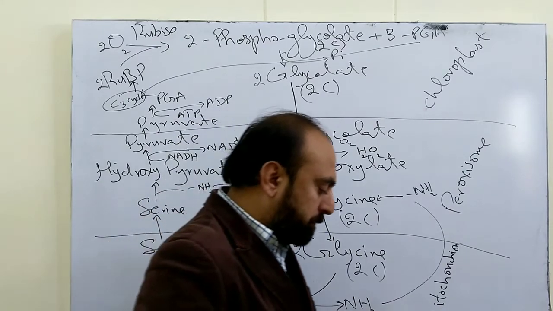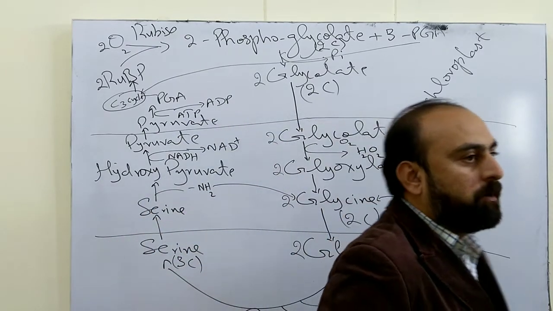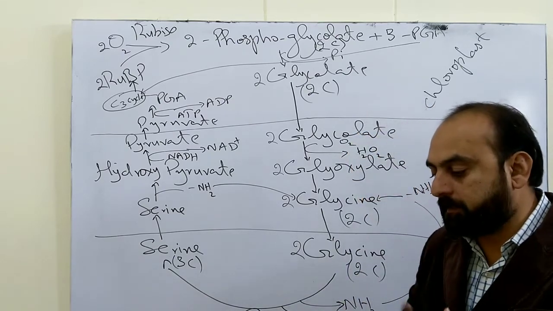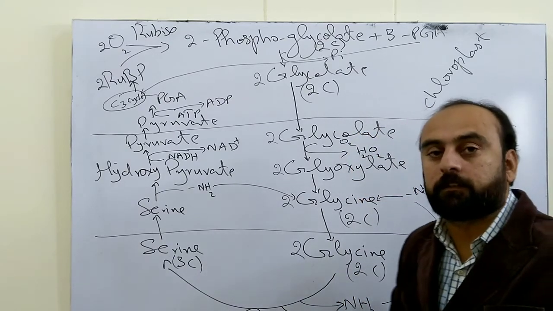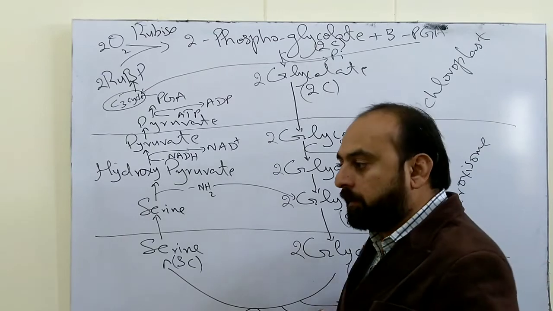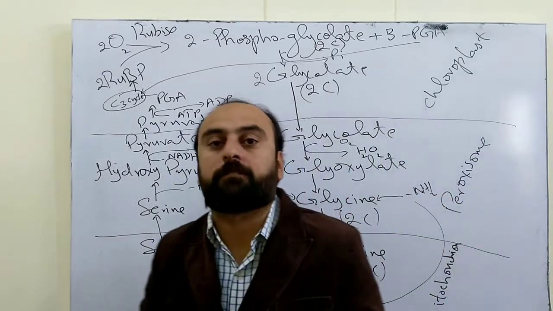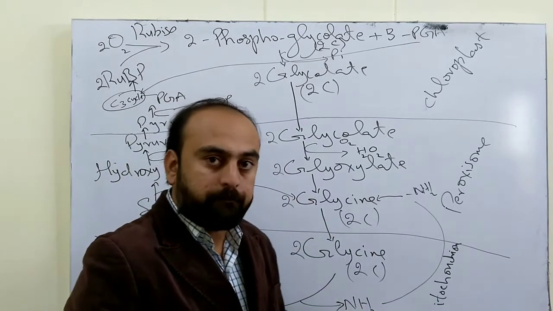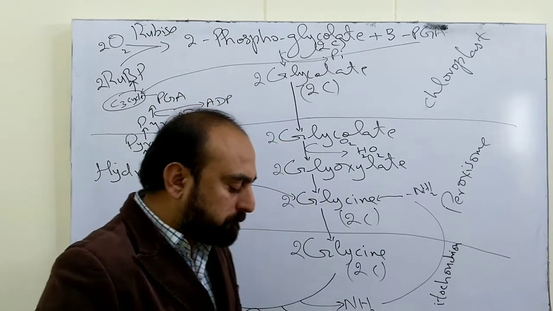So naturally plants have evolved some mechanisms that we will discuss in the coming lectures, that is the C4 pathway or crassulacean acid metabolism, to overcome this photorespiration phenomenon.